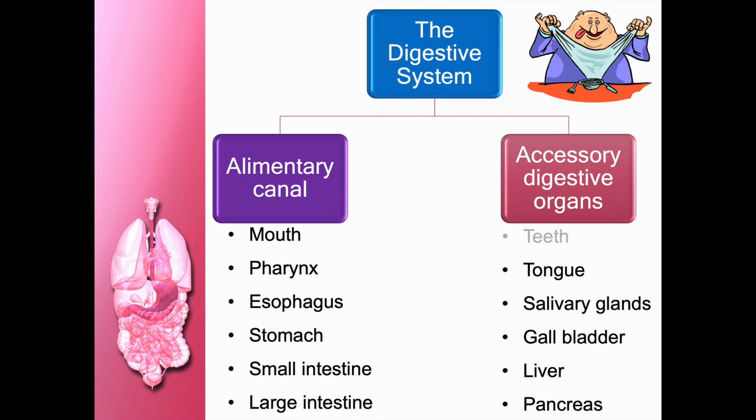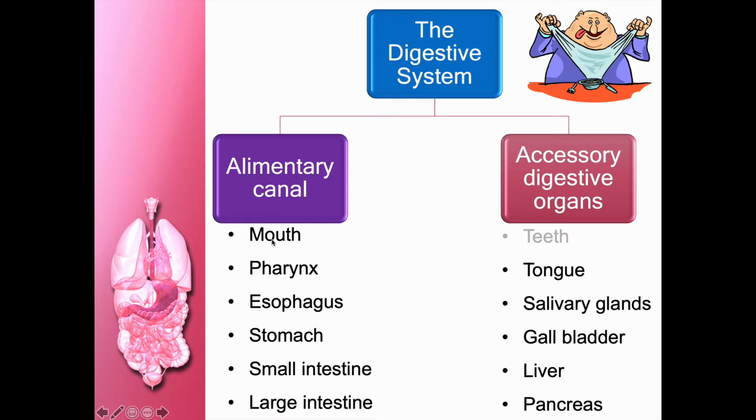So this is the overall view of the digestive tract. I told you the digestive tract is also called the alimentary canal, which starts from the mouth and ends in the anal ring.